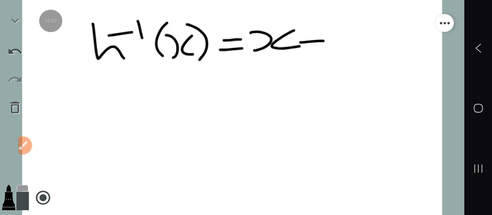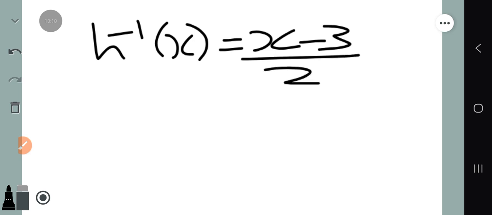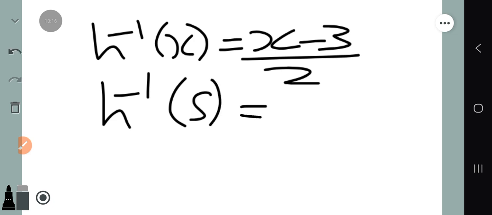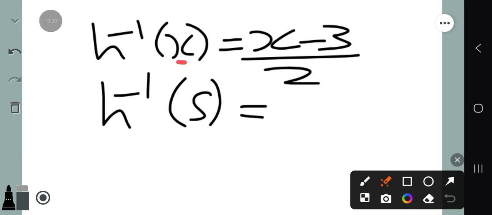So the inverse was h(x) equals to x minus 3 over 2. Now they are asking us to find the inverse of 5. So that means where there is x, you are going to put 5. That's what it means.